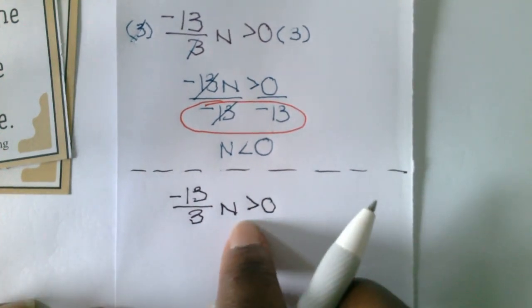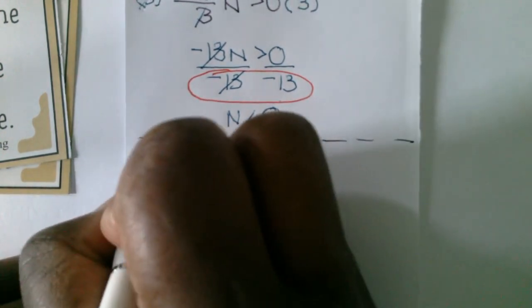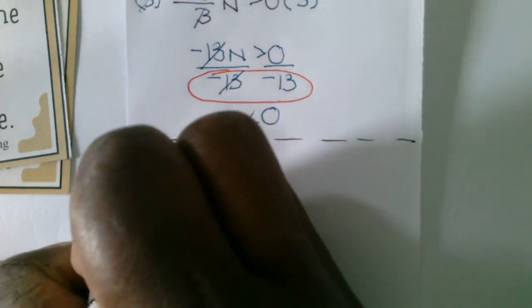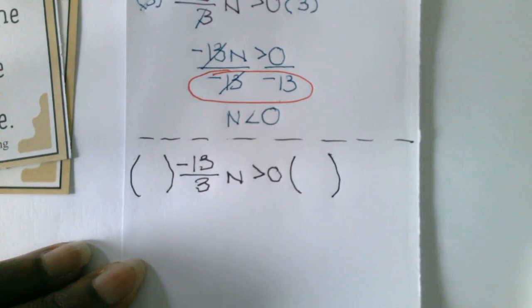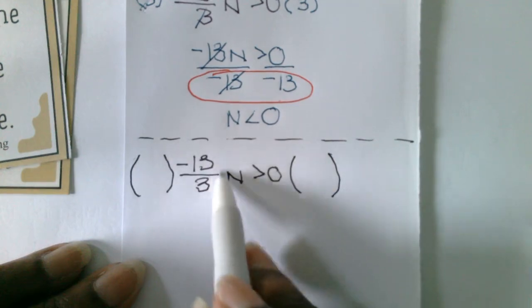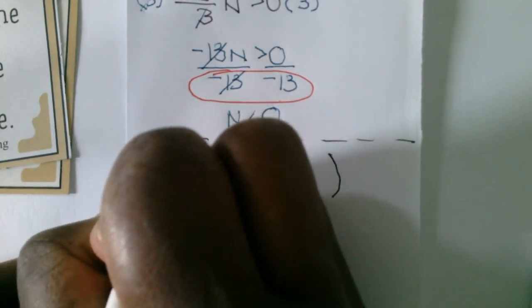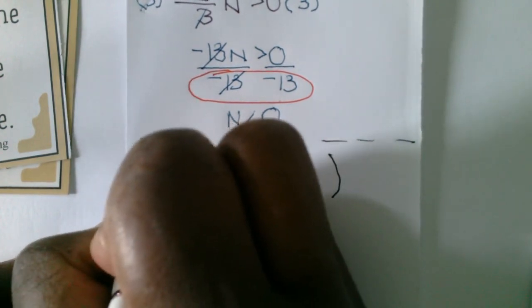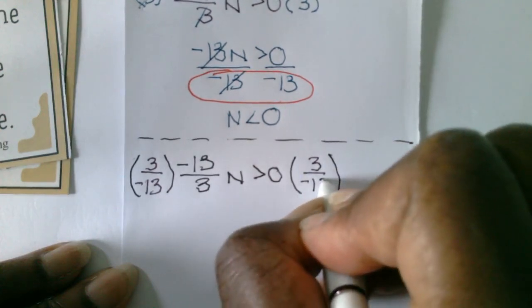Another way that we can break this down is to multiply both sides by what's called the reciprocal. So we're going to flip this, and it will be my 3 over negative 13.